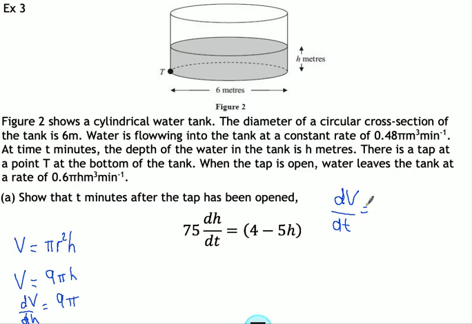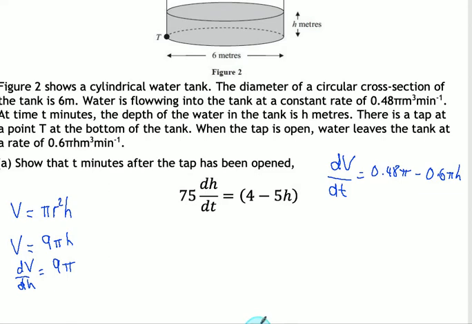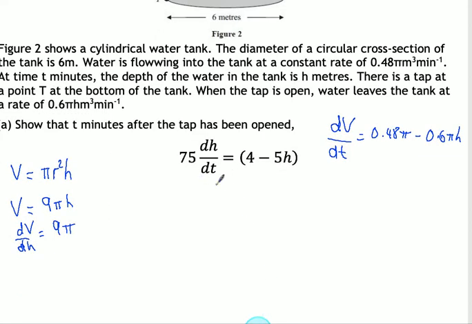So that is just 0.48 pi is going in, and 0.6 pi h is coming out. So dV by dt, that's what the change of volume is. That's going in, that's coming out. So this is called a connected rates of change problem. It is the most complicated type of problem here.